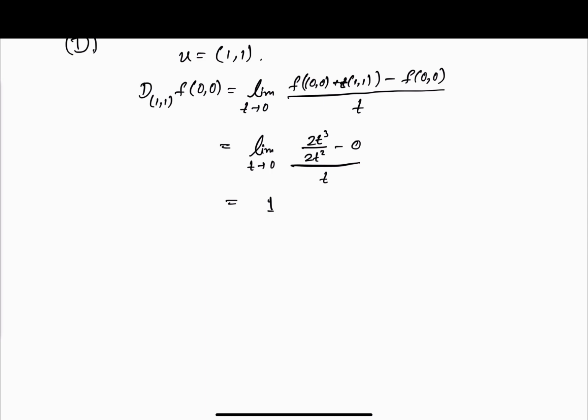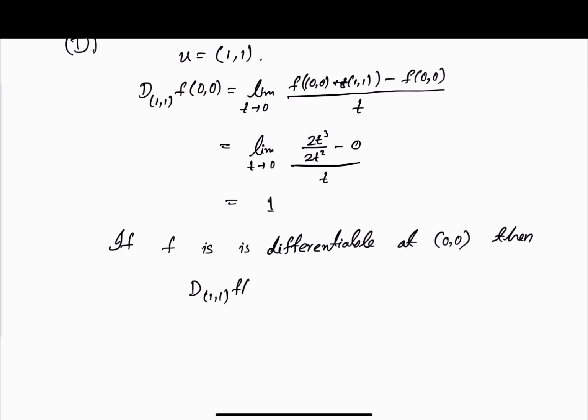So if f is differentiable at (0, 0), then by that theorem it should have a directional derivative at the point (0, 0) in the direction (1, 1). It should be given by the inner product of the gradient of f at the point (0, 0) with the direction (1, 1), right?